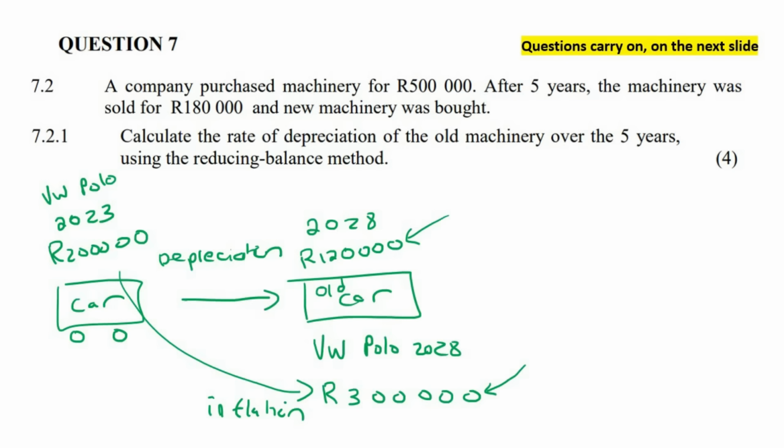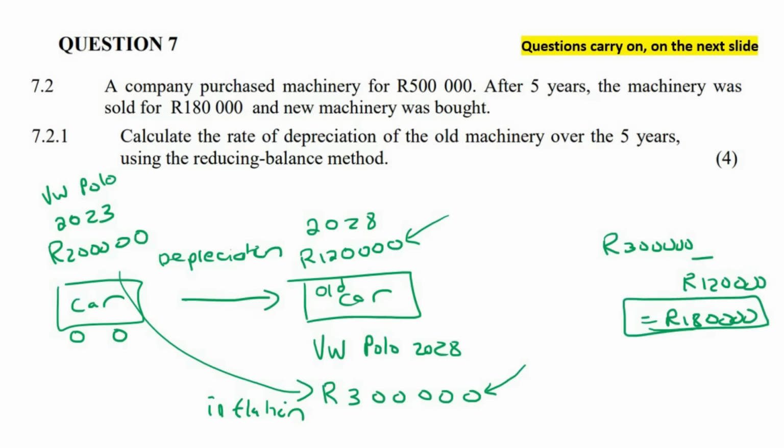They're going to buy the new car for 300,000, but sell their old car for 120,000. What is 300,000 take away 120,000? Well, that's 180,000 Rand. That is the amount of money this person will need in 2028.